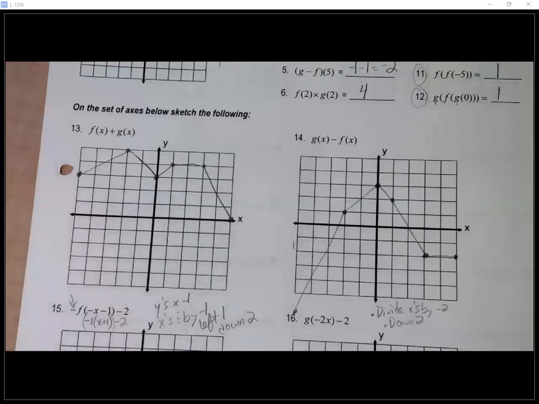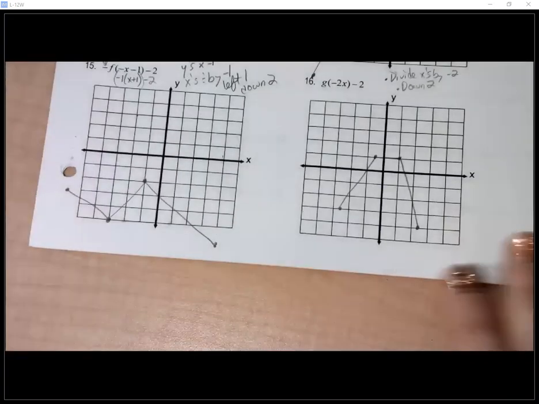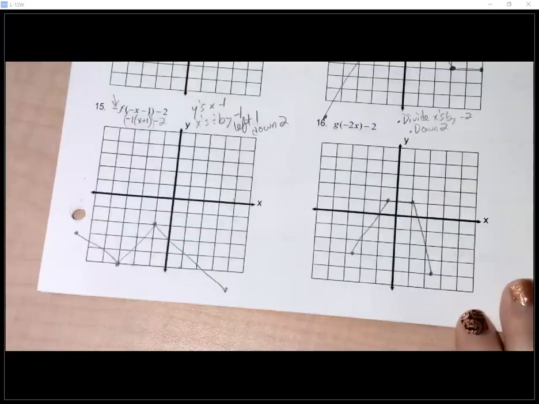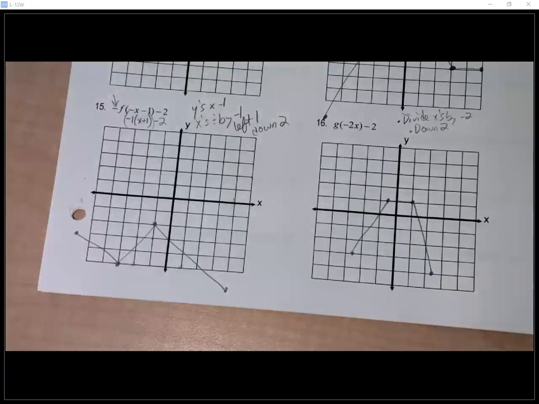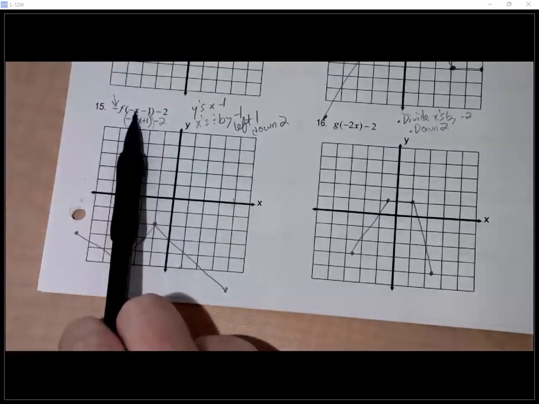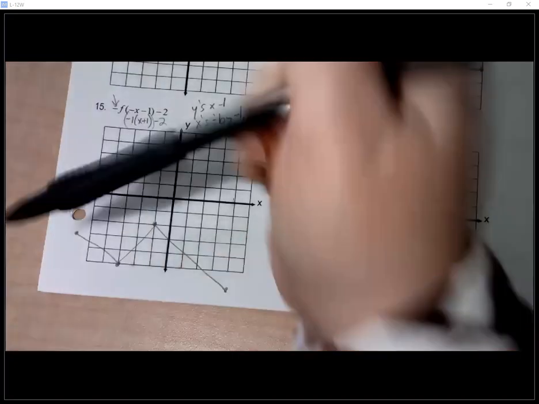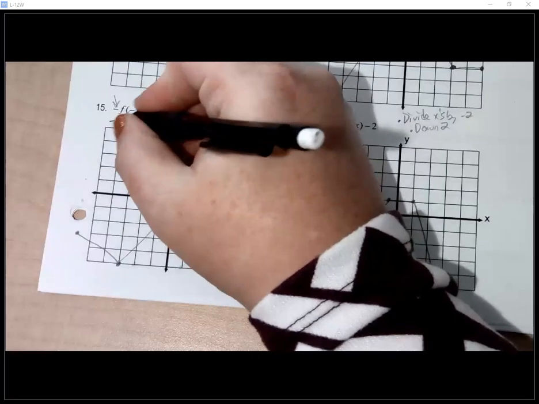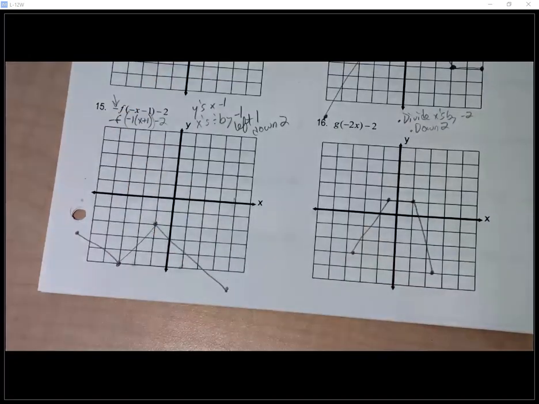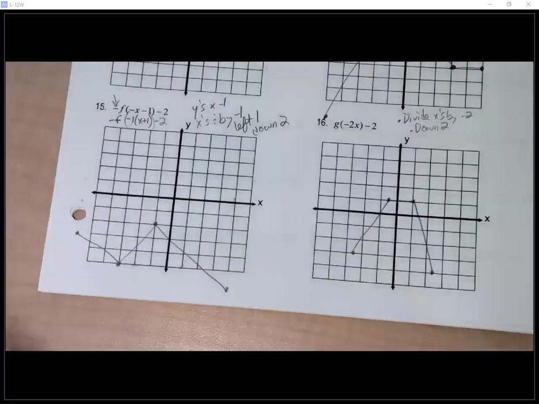Okay, and then 15 and 16 were just transformations like we've been doing. You're just going to deal with each function individually. So this particular one, you have to remember to factor out a -1. So you have this negative on the outside, which tells you you're going to multiply your y's by a -1. You've got this -1 on the inside. Once you pull it out, that's going to multiply your x's by a -1.